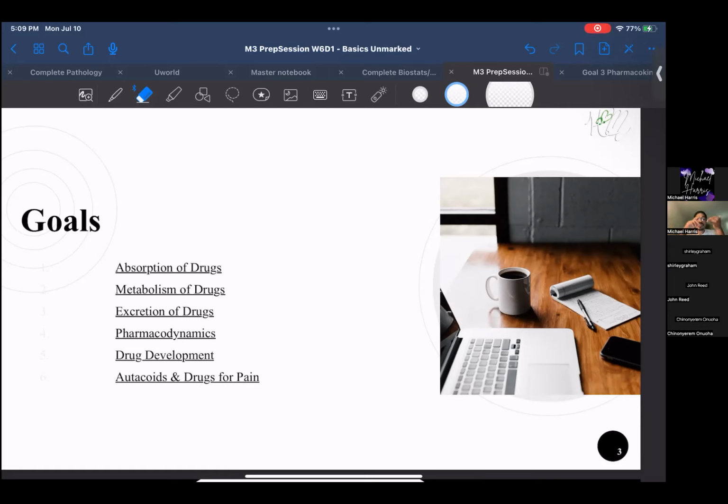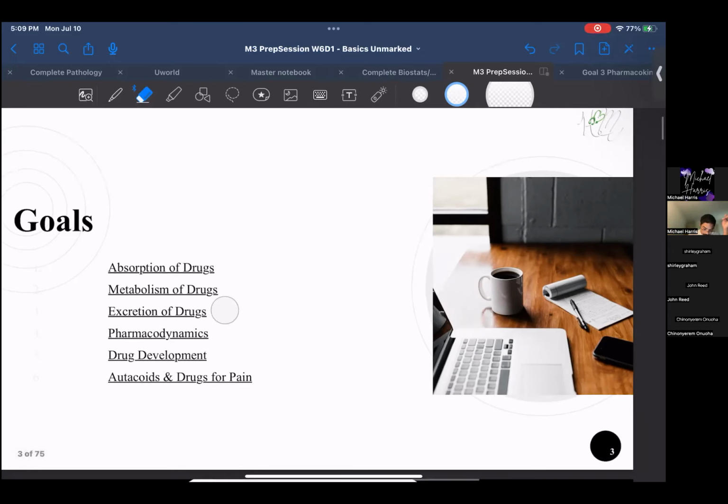And then excretion of the drugs. Now, excretion of the drugs is just what it sounds like: how do you eliminate the drug? That's it. Now, pharmacodynamics is different. These three things up top are under an umbrella known as pharmacokinetics.